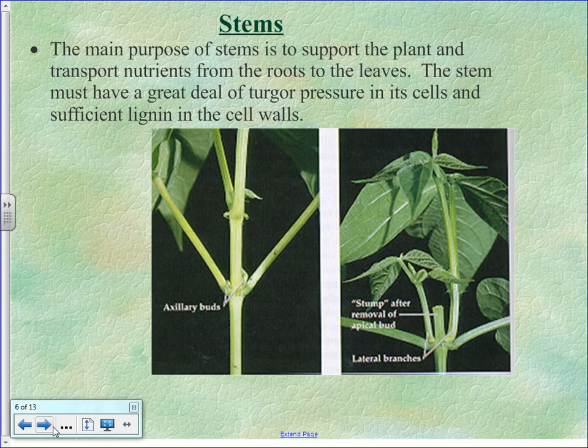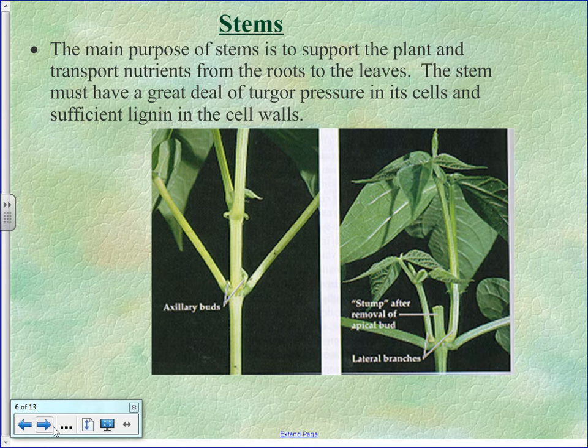They're mostly about supporting the leafy parts of the plant and getting water up the plant and sugar down the plant. So they're like a highway, a freeway, like Highway 2, right? There's traffic going in both directions. Water's going up, sugar's coming down, and it's also supporting the upper parts of the plant.